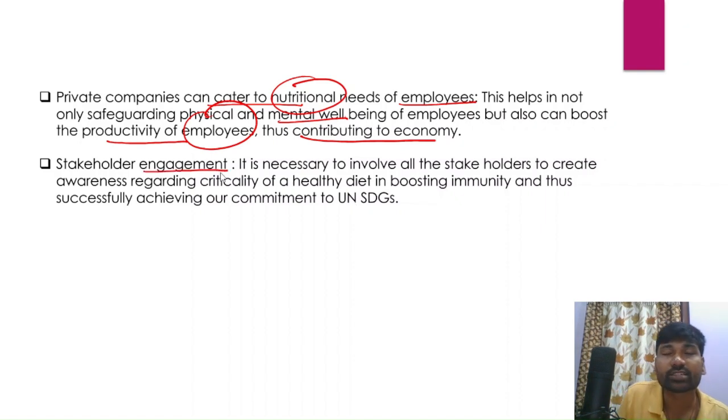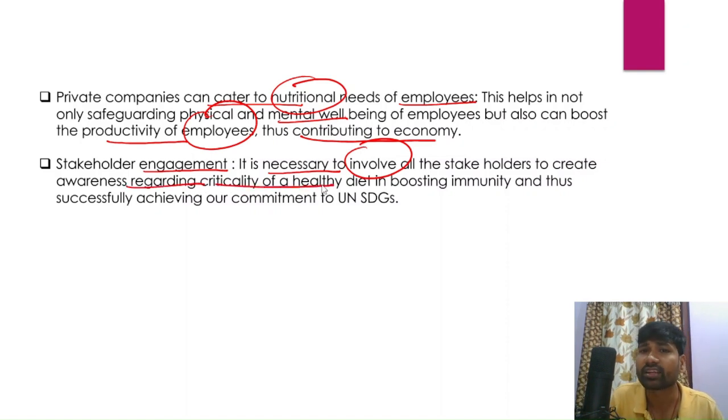And stakeholder engagement is another area. Now when we talk about stakeholder engagement, it is necessary to involve all the stakeholders to create awareness regarding the criticality of health and boosting immunity, thus successfully achieving our commitment to achieving the UN Sustainable Development Goals by the year 2030. However, it is not free from challenges.